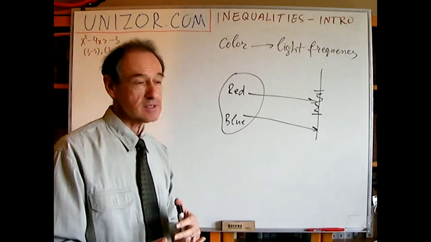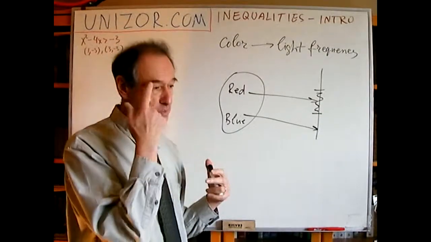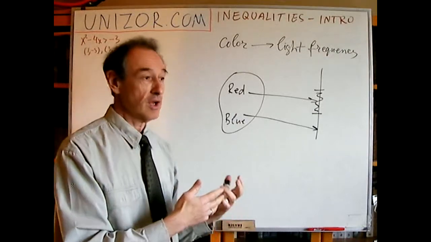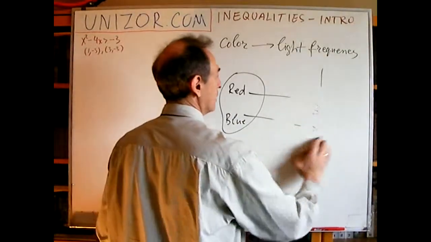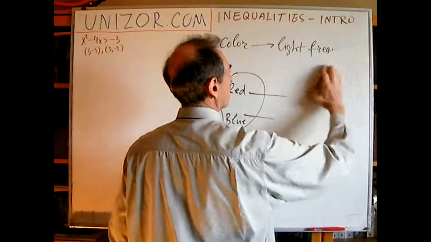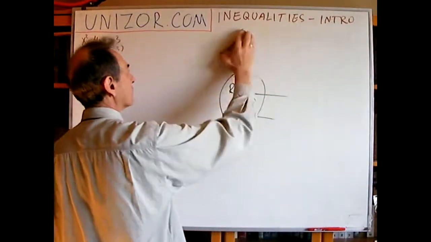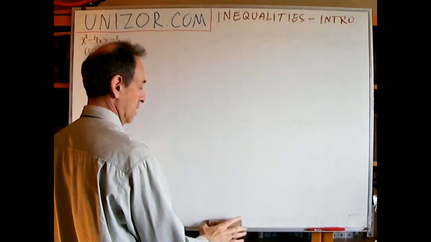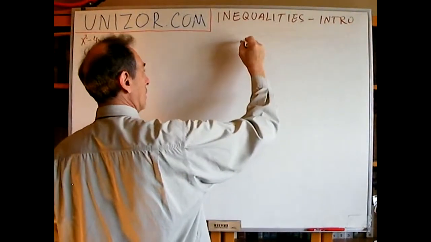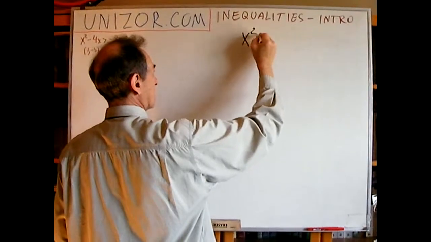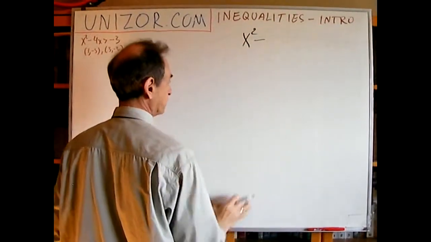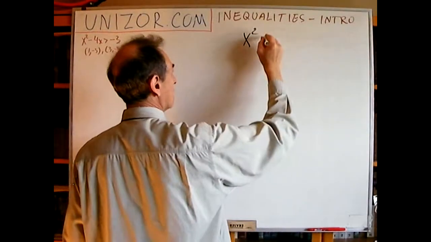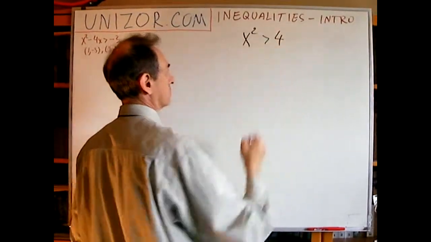Now, in this case, the expression which is actually a solution to our inequality can also be established in terms of equal, not equal, greater, less than, etc. For instance, solution to something like this, x squared, let's say, greater than 4.